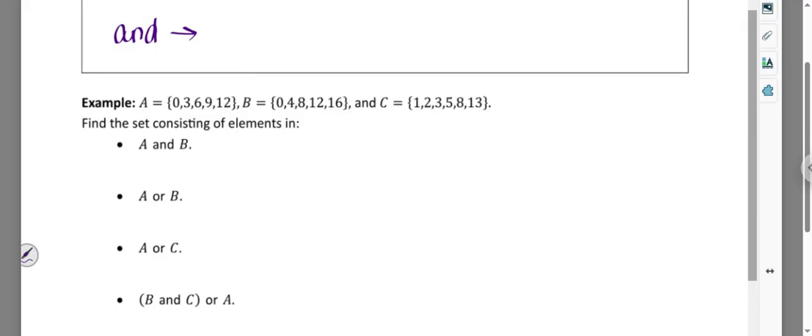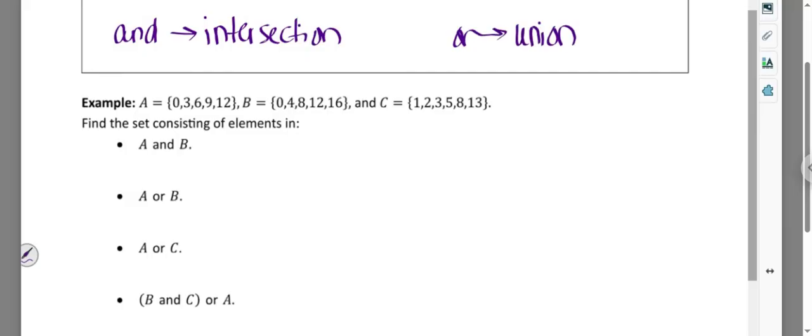A and B. Yep. A or B. One or the other. That's our union.